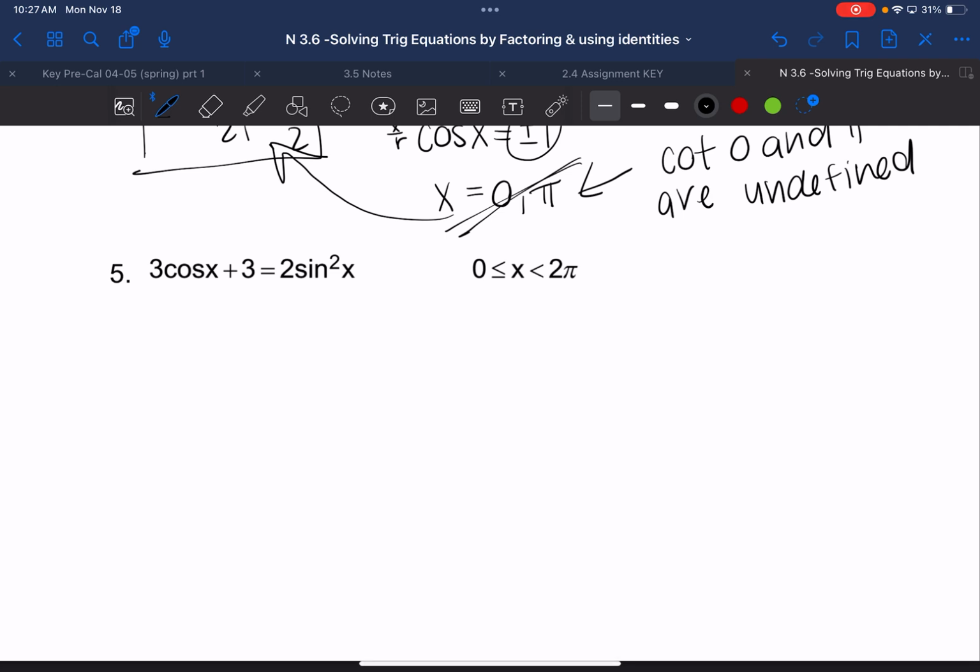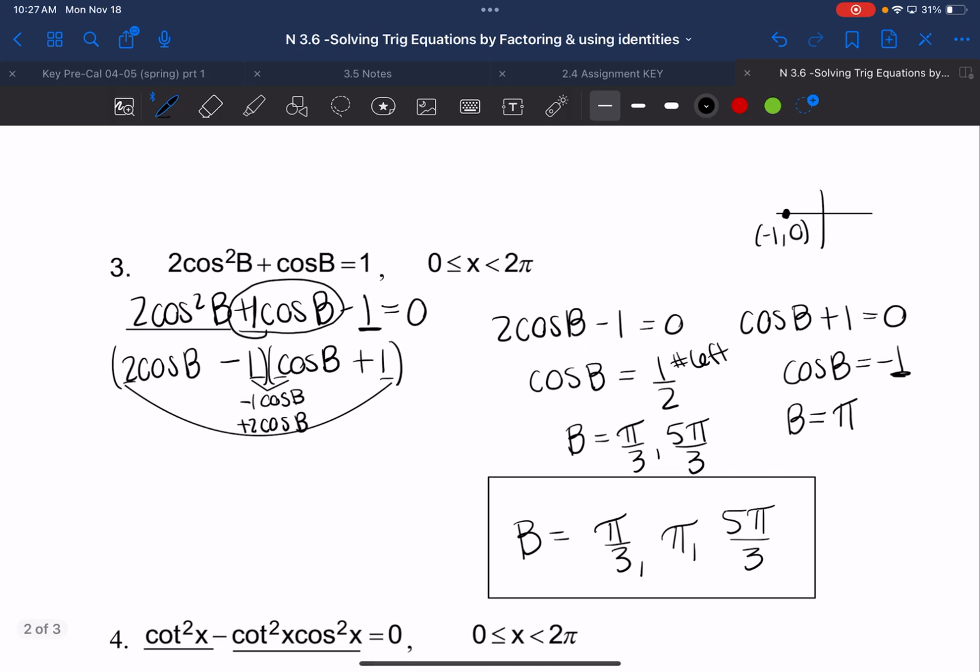Okay, so for number 5, again, I probably want to move everything over to one side of the equation. But before I move it over, I'm going to end up with different terms, right? I'm going to have 3 things that I want to try and factor, like number 3. Well, that one had both cosines, right?